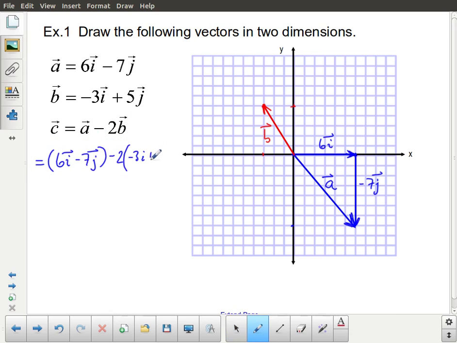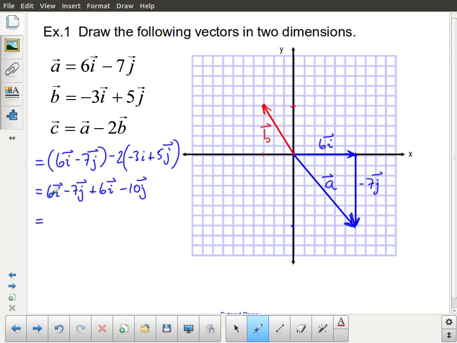And then I'm going to expand those brackets. Well, this one just stays 6i minus 7j. But here I've got the negative 2 that I have to distribute in here, so that becomes positive 6i. And then negative 2 times positive 5 is minus 10j.